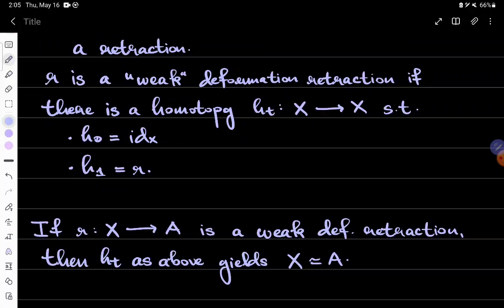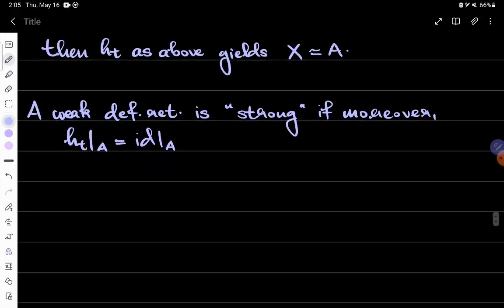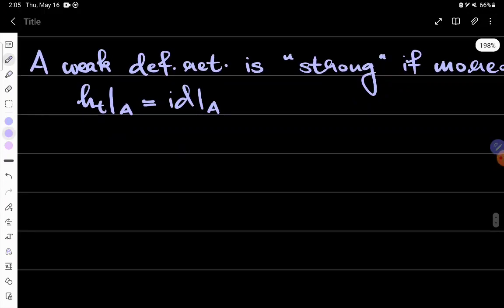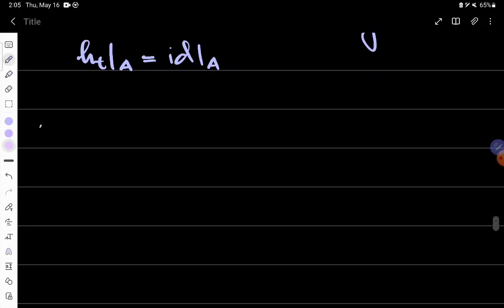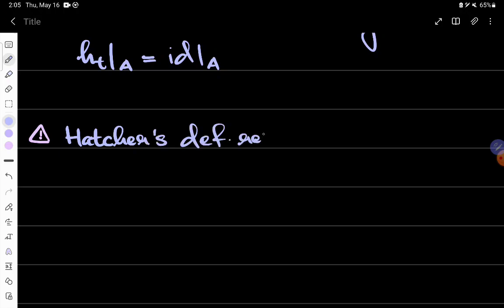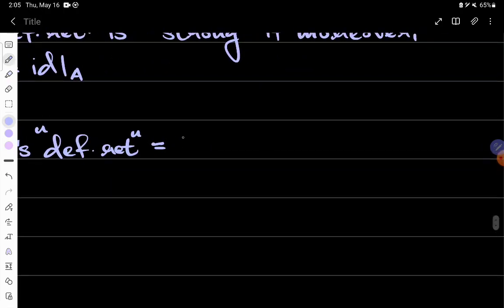And to touch on what I briefly mentioned earlier, caution: Hatcher's deformation retraction is going to be our strong deformation retraction.